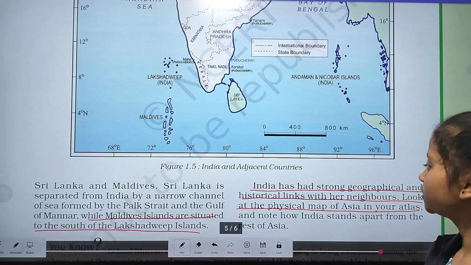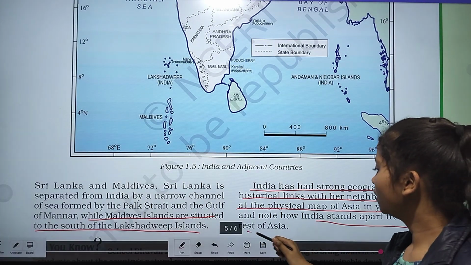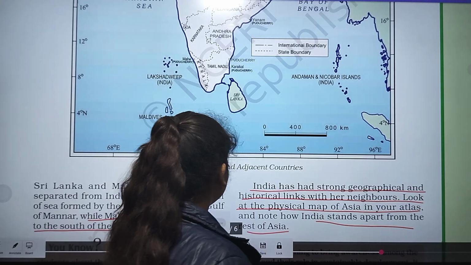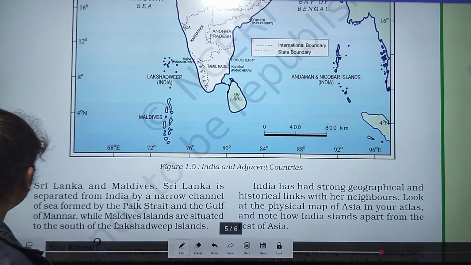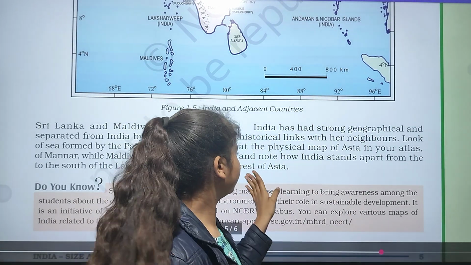Look at the physical map of Asia in your atlas and note how India stands apart from the rest of Asia.